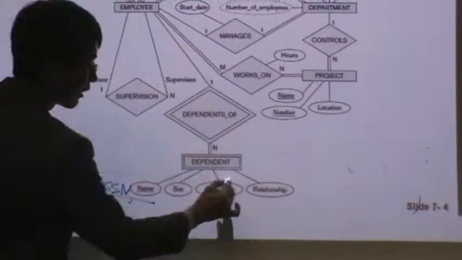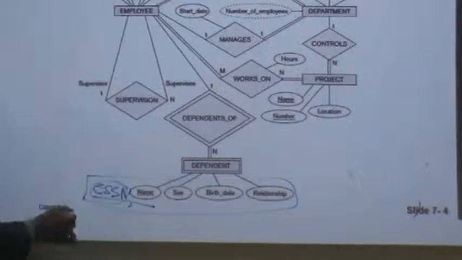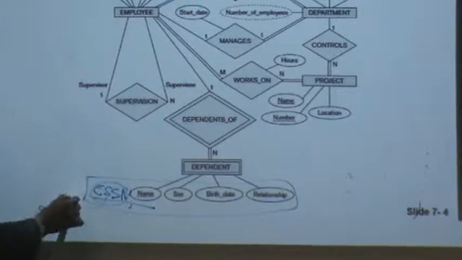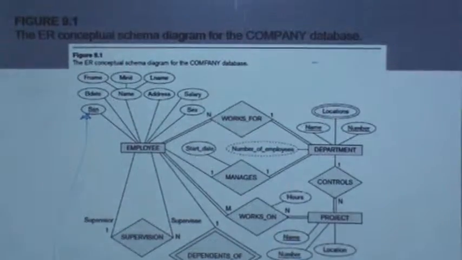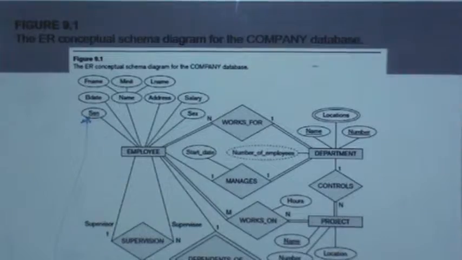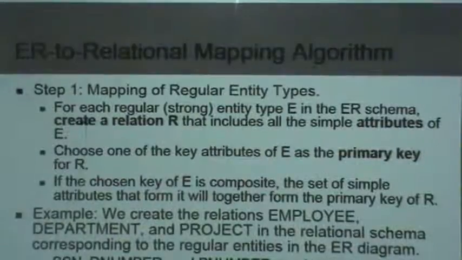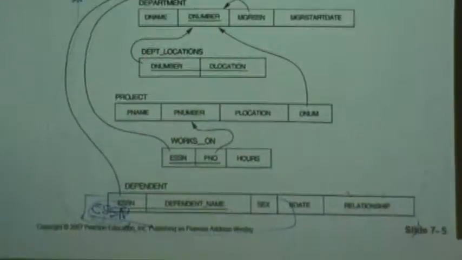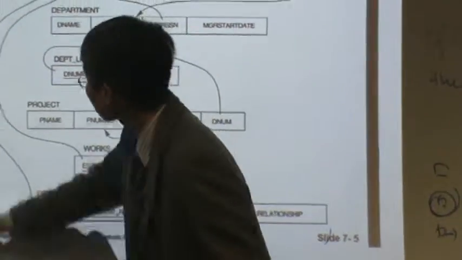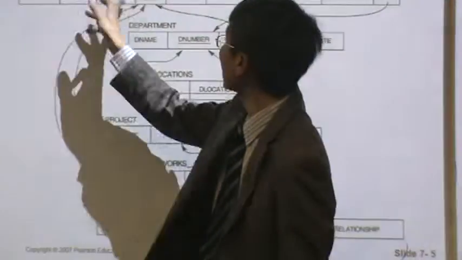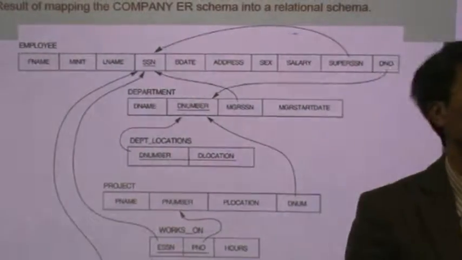This is part of the primary key. But this ESSN is from where? This one. So add the foreign key. That is the reason. So you can see ESSN refers to the SSN in employee.